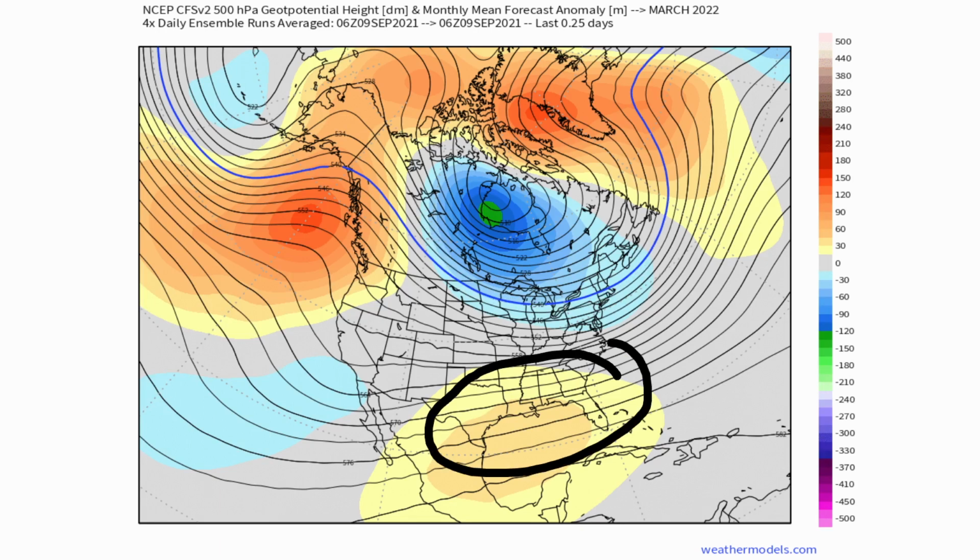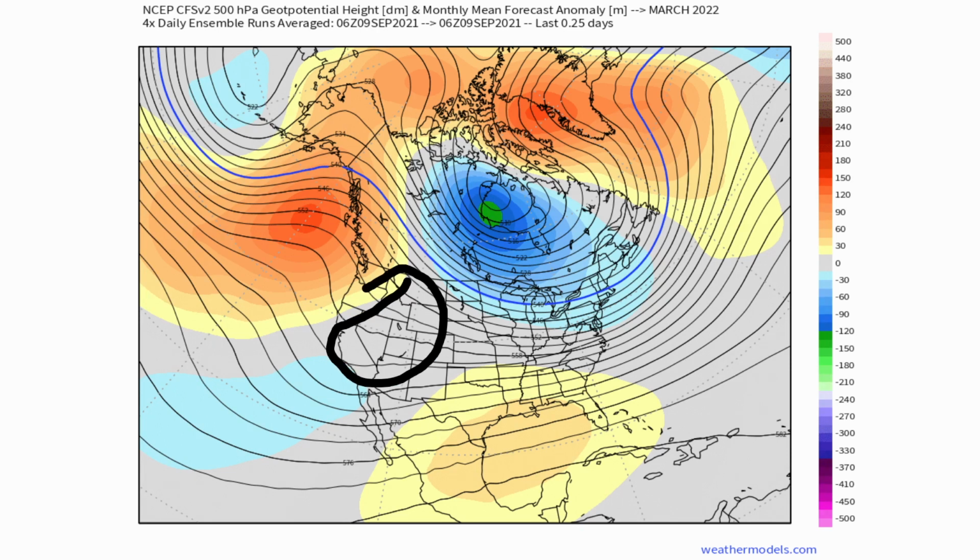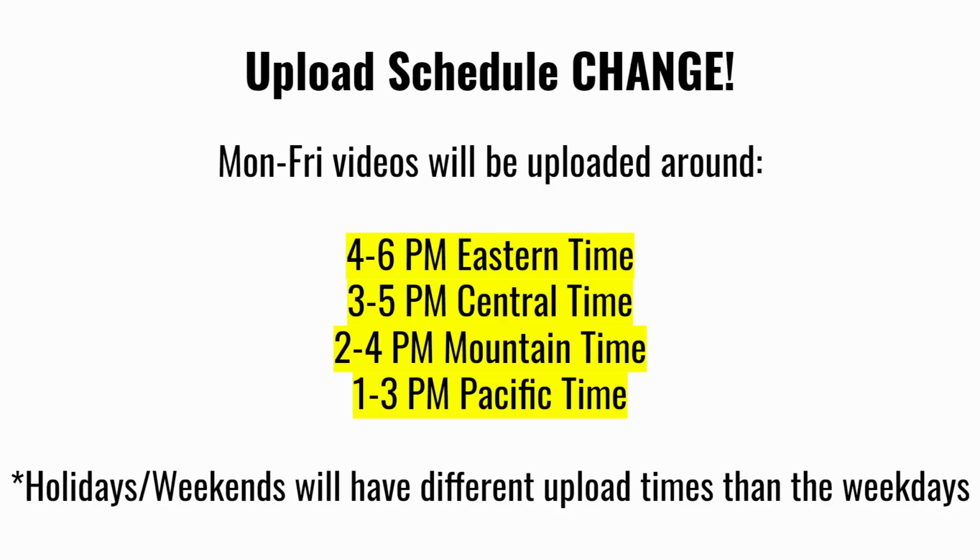It gets warmer into parts of the southeast, southern plains, and potentially a little bit chillier into parts of the interior mountain west. So potentially for this area, it could be a little bit chillier based on what we're seeing off this map.